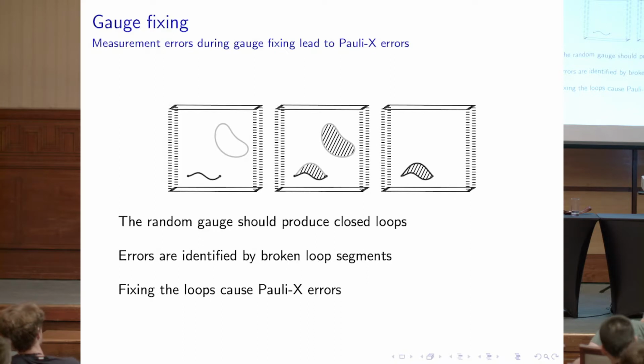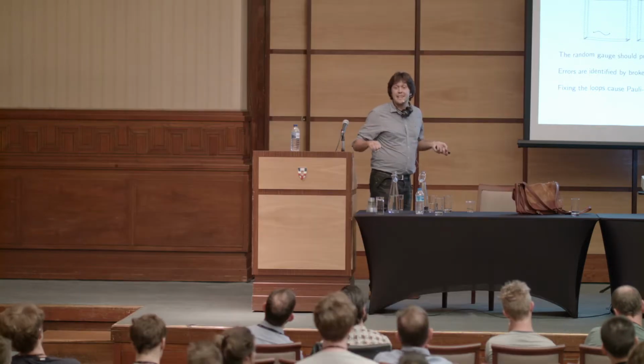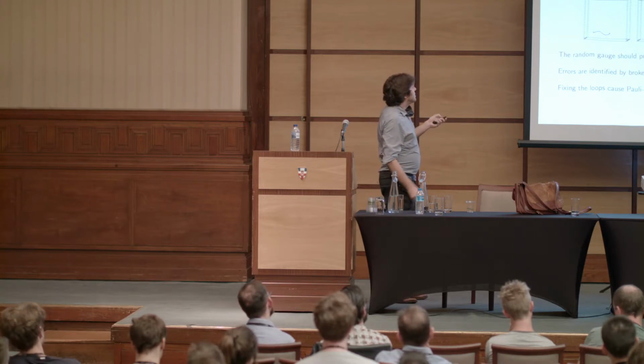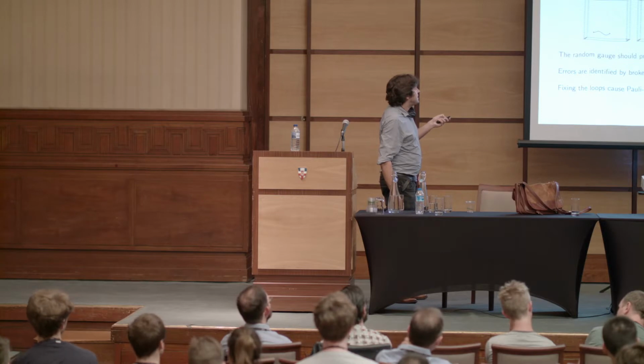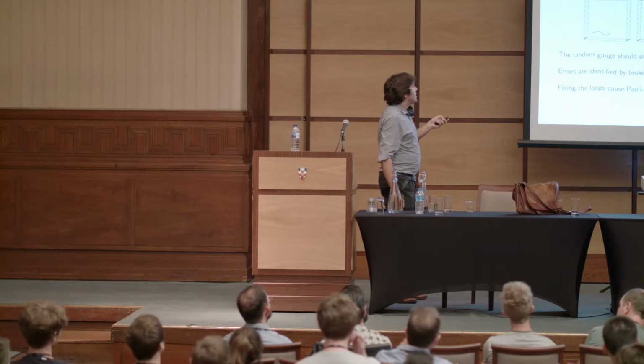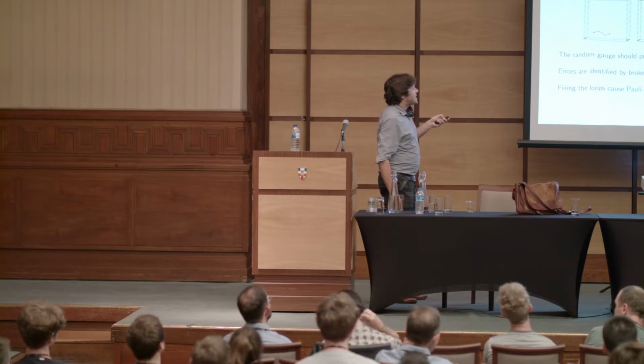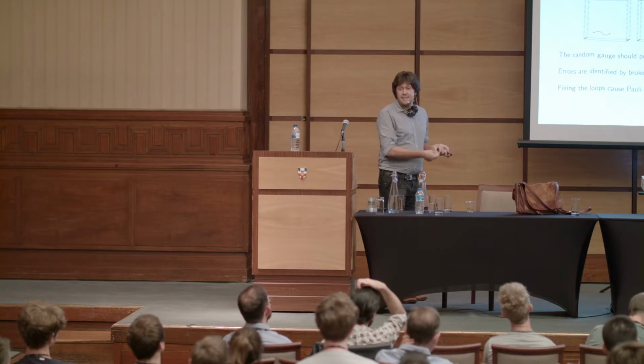So what I'm going to do is I'm going to run error correction, and I'm going to try and predict what errors cause those 2 defects to appear. But I might make a mistake, and this is a problem. It's not even okay just to be topologically equivalent to the error. It's actually got to be exactly the same as the error. So let's say I predicted this to be my correction, this light gray line. Well, then I'm going to apply a bunch of Pauli X corrections to fix the gauge of this model.